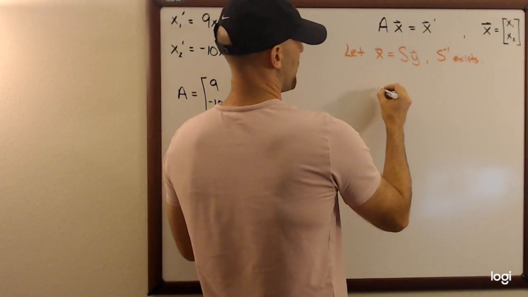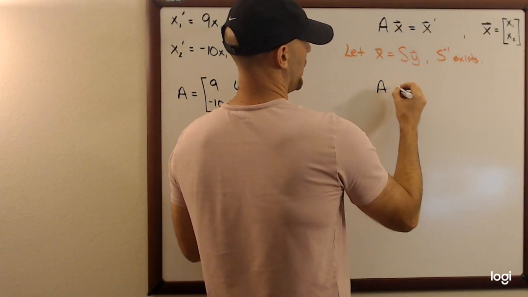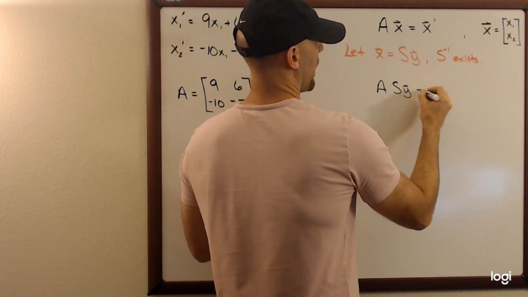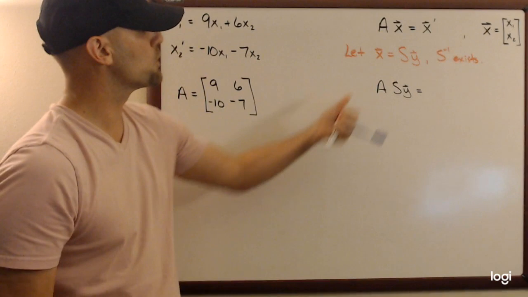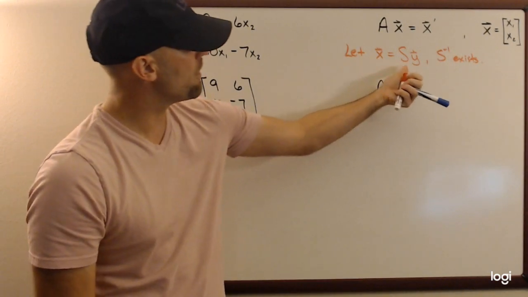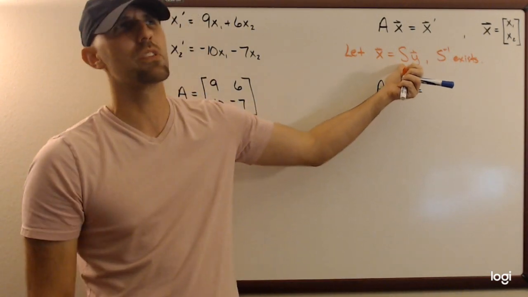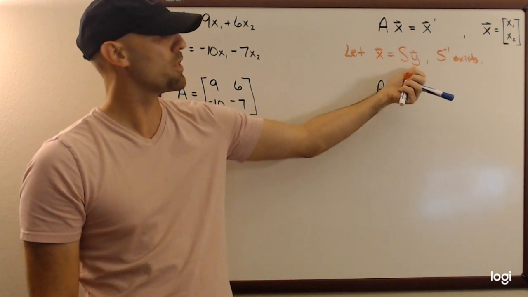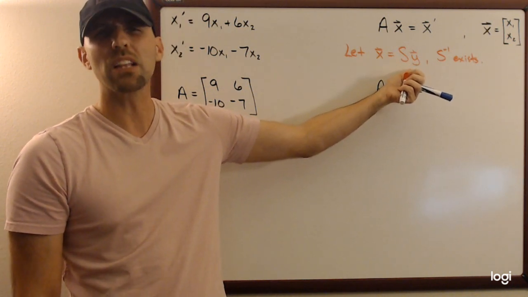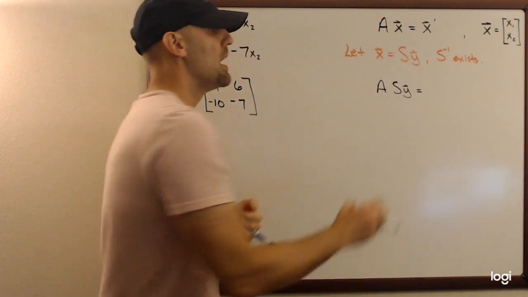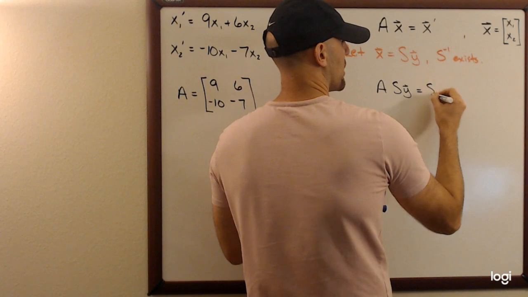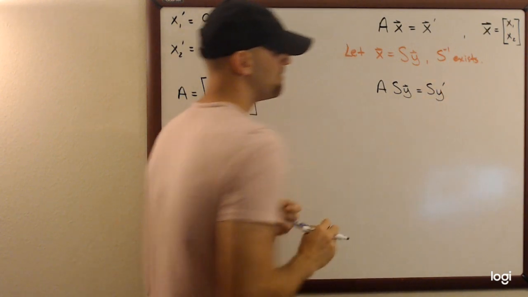Okay, so if I make that substitution, let's see what I get. I get A times sy, okay? And of course, x prime, well, if S is a matrix with constant coefficients, the derivative is scalar invariant, right? So we just factor that out. So sy prime is just s y prime.